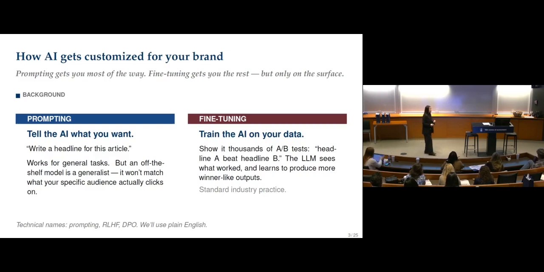This training happens through fancy techniques like RLHF, reinforcement learning from human feedback, or DPO. We go back to change the parameters of the model to nudge the behavior of the LLM such that it will produce more like the good content you show it and less like the bad content you show it. This is a very standard practice.